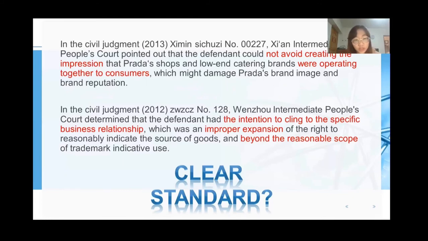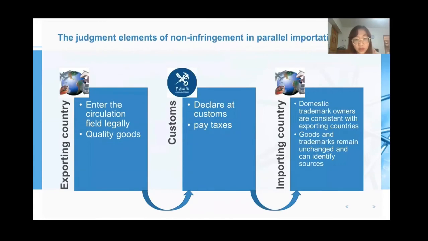After reading all the judgments, we may ask, does the court have a clear standard for parallel importation? At present, no matter for the definition of parallel importation, wide or narrow, in this sense, non-infringement first requires that this commodity in the exporting country is authorized by the trademark owner or the licensor to enter the circulation field legally, and it is a genuine product in the circulation field.